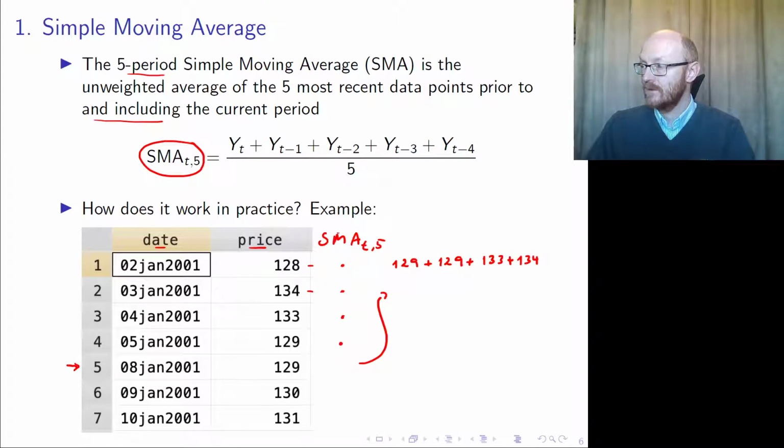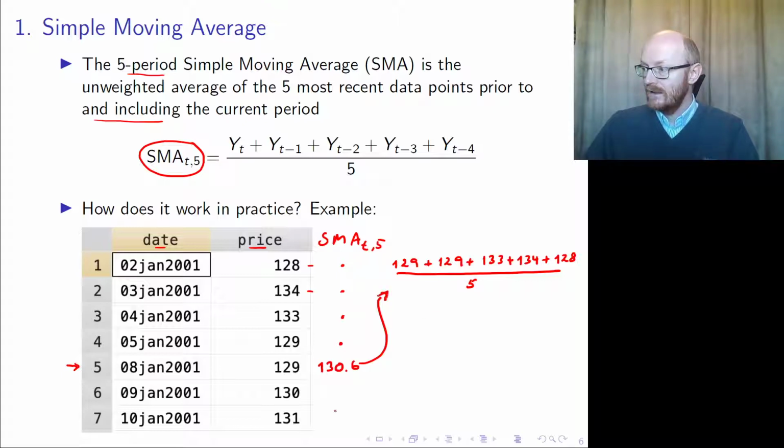And the last one is 128. That's YT minus 4. Okay, that's the price 4 days ago. And to find the average, you just divide by 5, okay? And then you get 130.6.